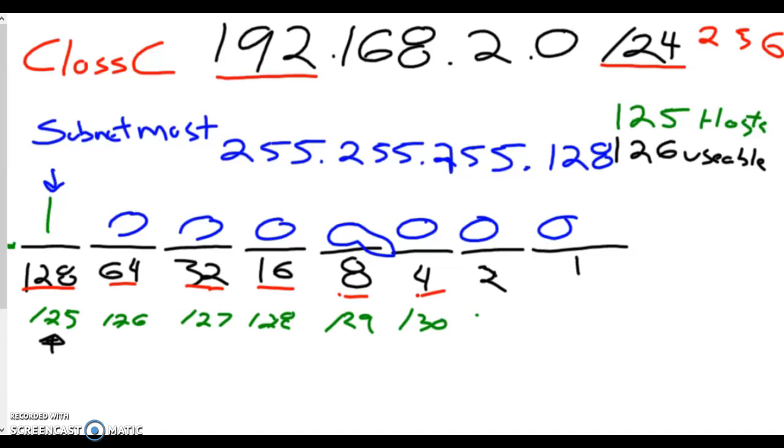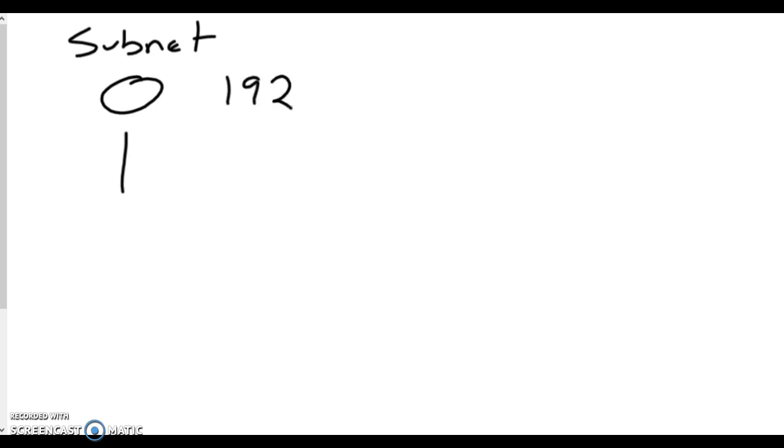Now let's see, for the second part, for the subnets, we do subnet 0 and subnet 1, because we know we only have 2 subnets with a /25. Our first address is going to be 192.168.2.0.